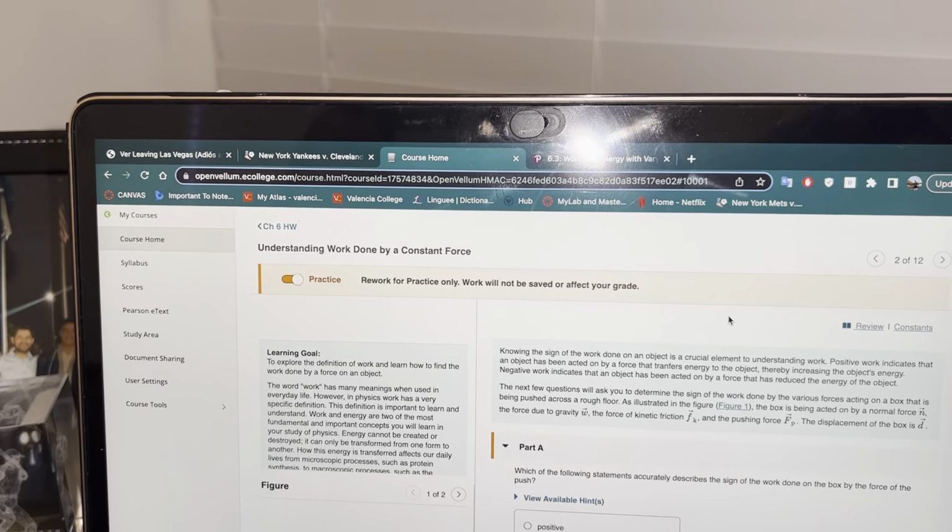Since the force of gravity is like this, and the direction is this one, orbiting around it, the angle of these two is going to be 90 degrees. We know what happens with 90 degrees: the cosine of 90 will be 0.